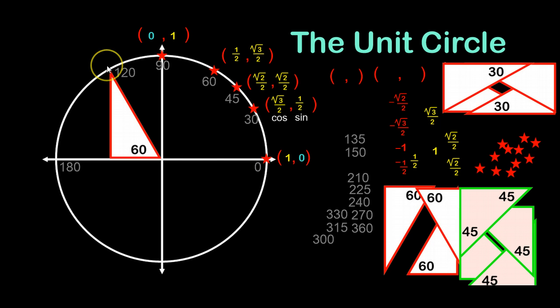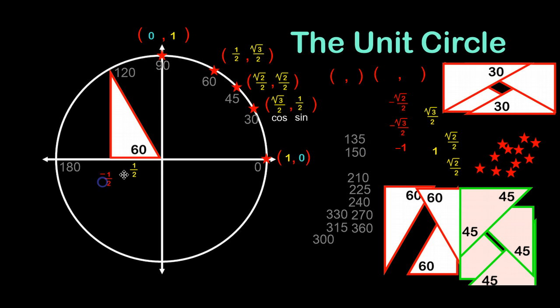Okay, so now what is the sine of 120 degrees? Well, if we look at our special values here, the adjacent side to 60 degrees, or the cosine of 60 degrees, is 1/2. But since we're looking at a coordinate grid, it's to the left 1/2. So I don't want to use positive 1/2.